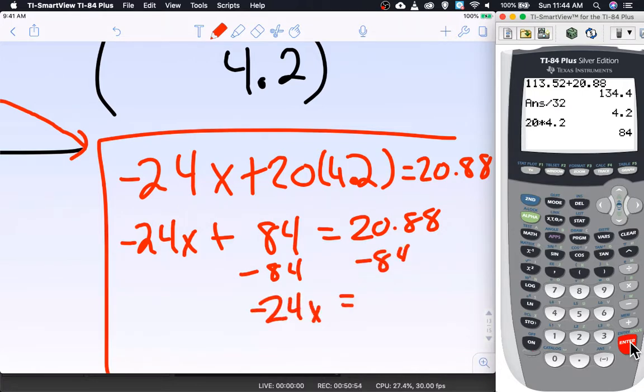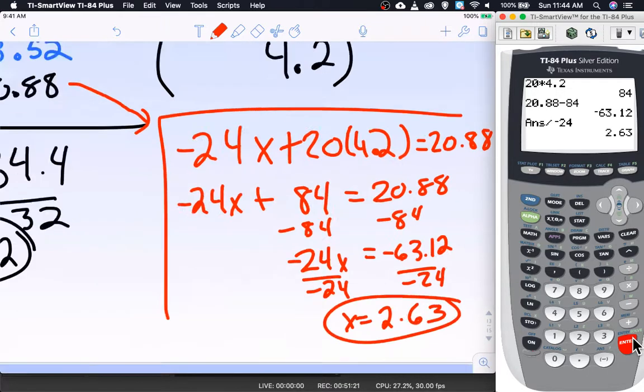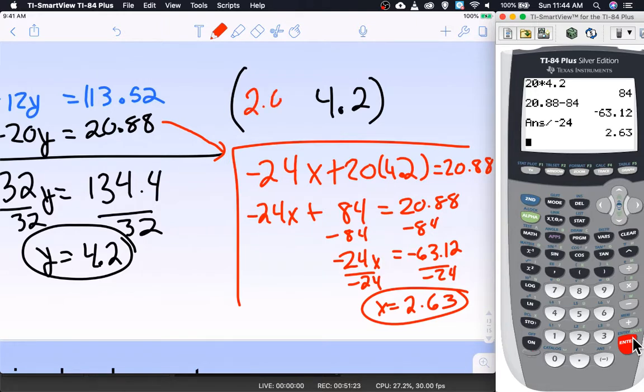24x equals 20.88 minus 84 is negative 63.12. And then when we divide by negative 24 on both sides, x equals 2.63.